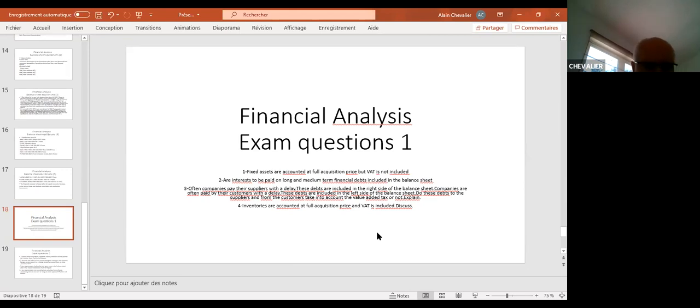I've got for you a question 3 here, which is probably easier even if the explanation here is longer. Often companies pay their suppliers with a delay. That's classical. In many economic sectors, if you are a newcomer, if you want to sell, you have to adapt to the tradition or rules of this economic sector.